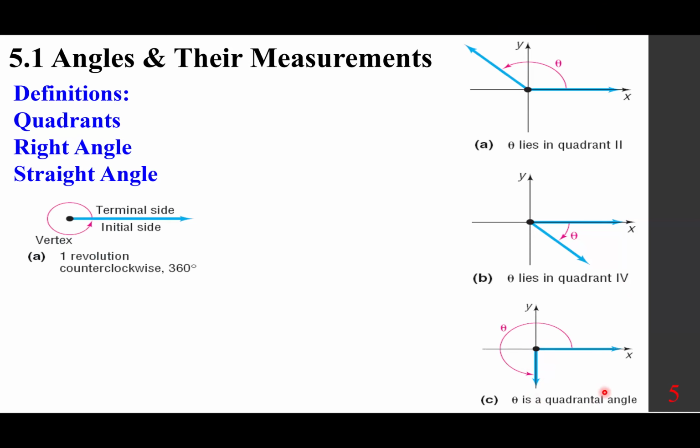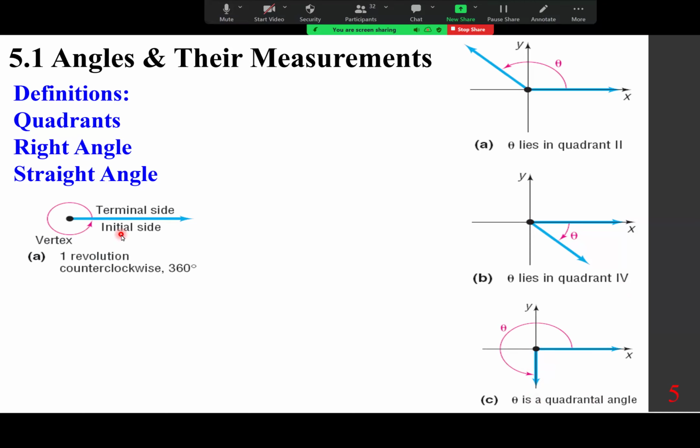Now, a complete revolution, where the terminal side and initial side are on top of each other, creates 360 degrees. Here's the initial side, and the terminal side is along the positive side of y.